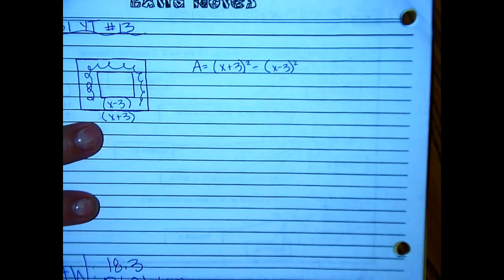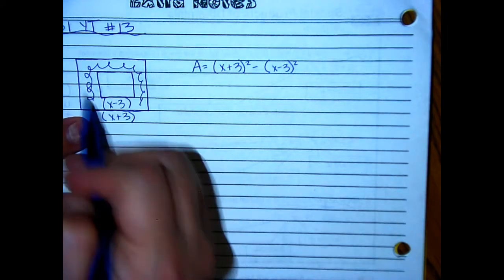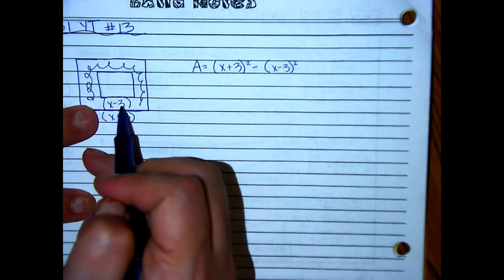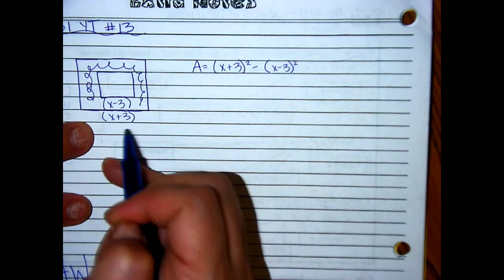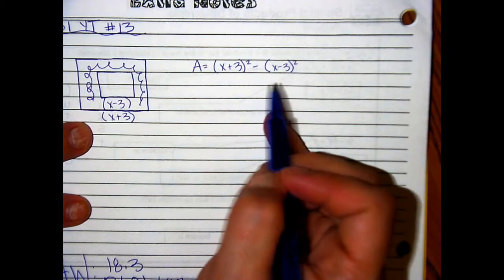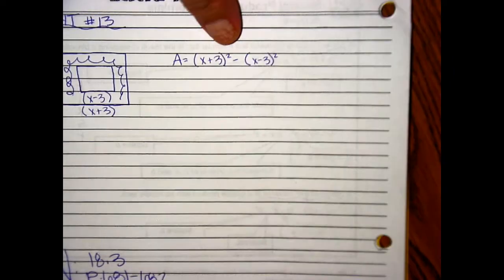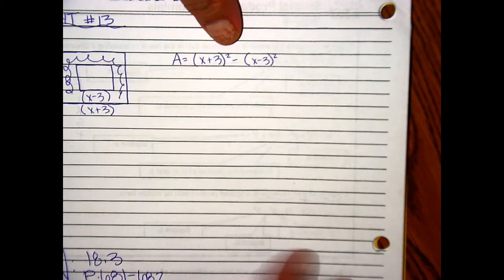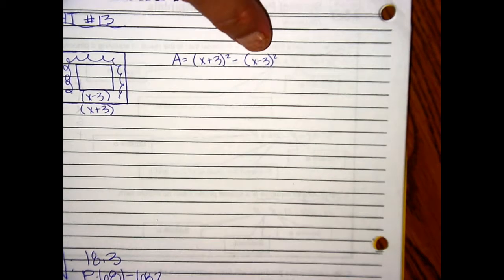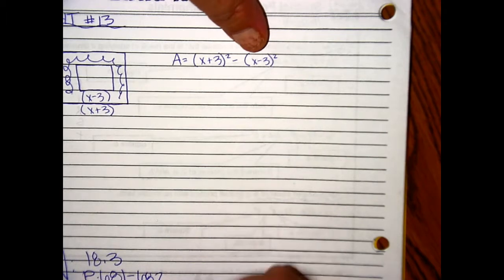So you drew it out. So we have the patio and then the flower garden around it. One's x minus 3, the other's x plus 3. And we want the area of them. So it's x plus 3 squared minus x minus 3 squared.